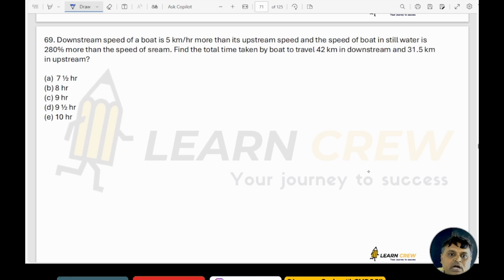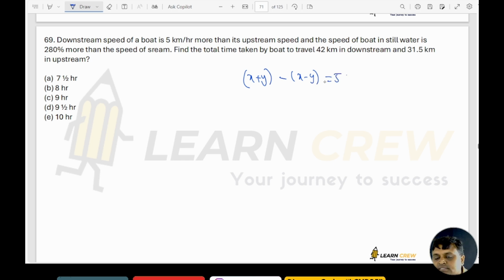The downstream speed of a boat is 5 km per hour more than the upstream speed of the boat in still water, and the speed of the boat in still water is 280% more than the speed of the stream. So x plus y is the downstream speed, x minus y is the upstream speed.